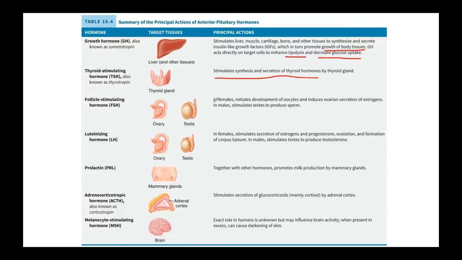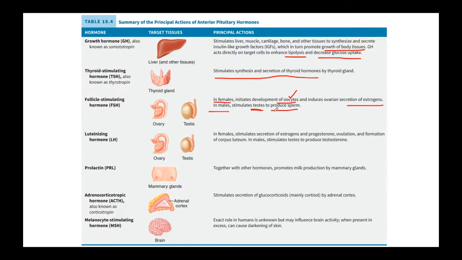The ovaries and testes, well, in the female, it initiates the development of the egg, which is the oocyte. In the male, it stimulates the testes to produce the sperm. So in female, it initiates the development of the egg, and it's involved in secreting estrogen. In males, the follicular stimulating hormone is going to stimulate the testes.